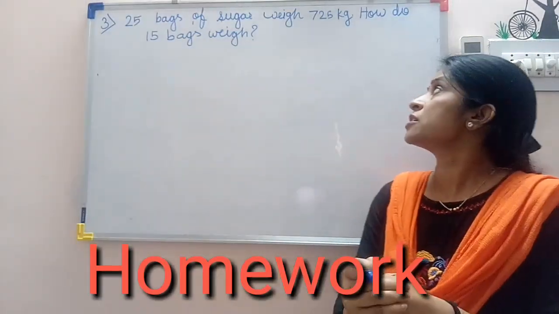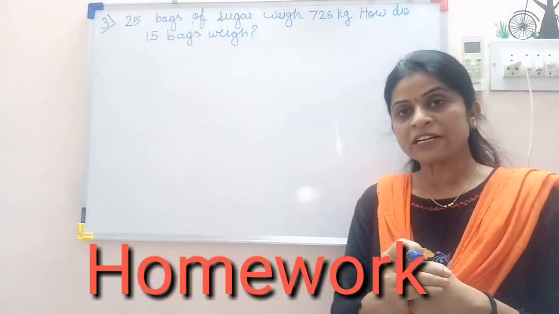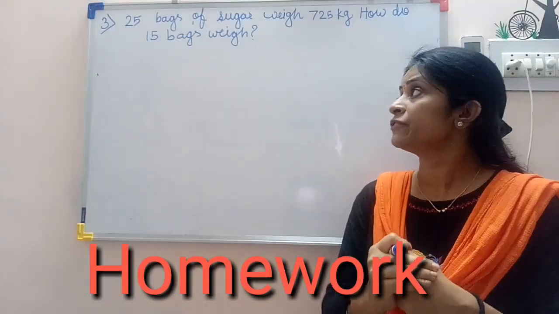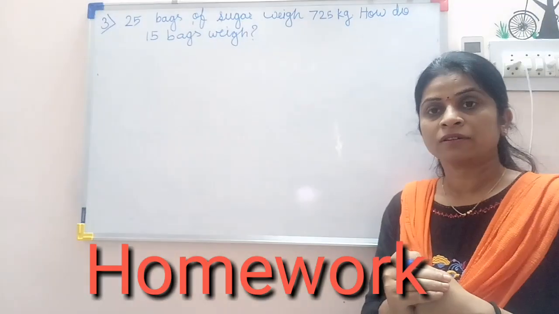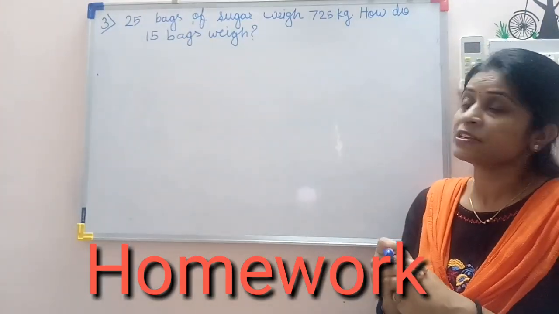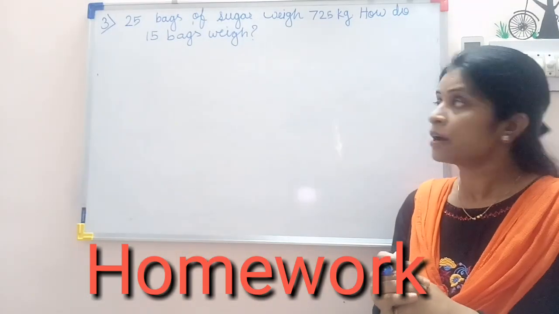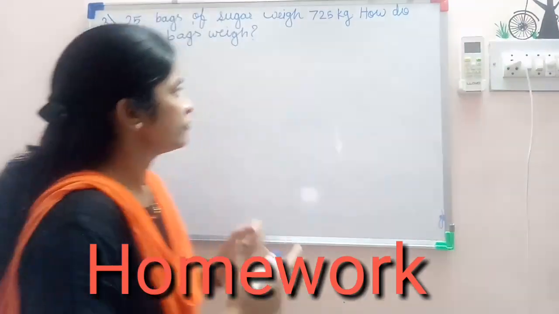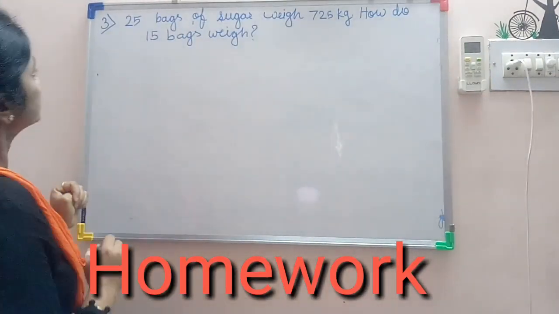"25 bags of sugar weigh 725 kg. How much do 15 bags weigh?" Now again here, the weight of 25 bags of sugar is given. We have to find out the weight of 15 bags. For that, first of all, what is given, we will write.